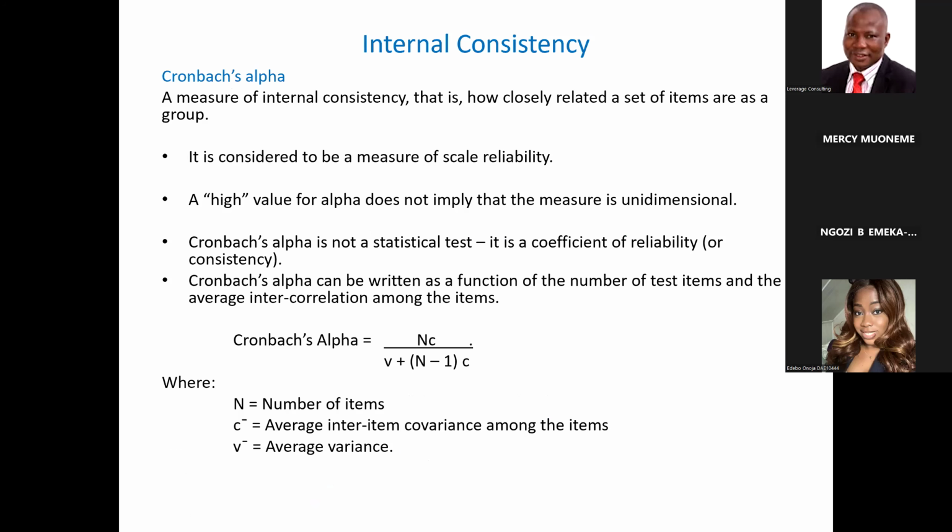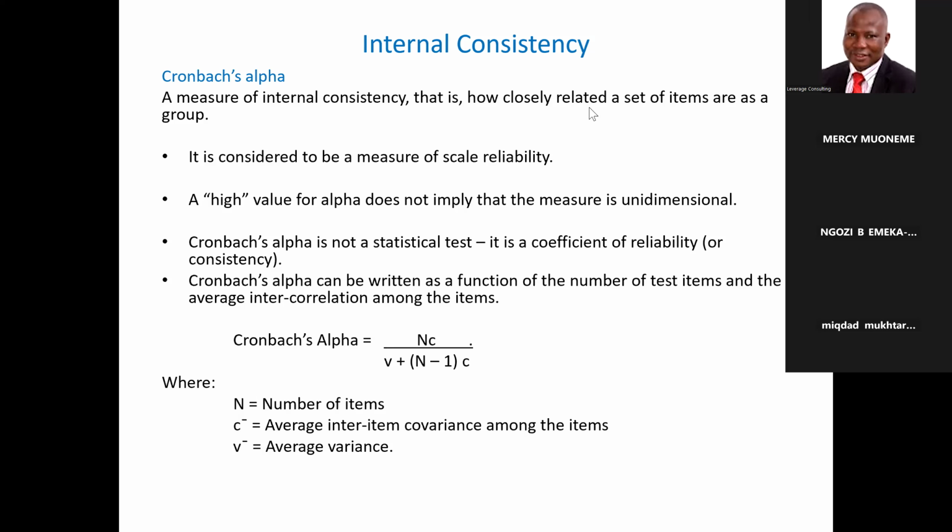So let's talk about Cronbach's alpha, internal consistency, as a form of reliability. The method that is most used, most reliable among all of them, is Cronbach's alpha. Cronbach's alpha is a measure of internal consistency, that is, how closely related a set of items are in a group.